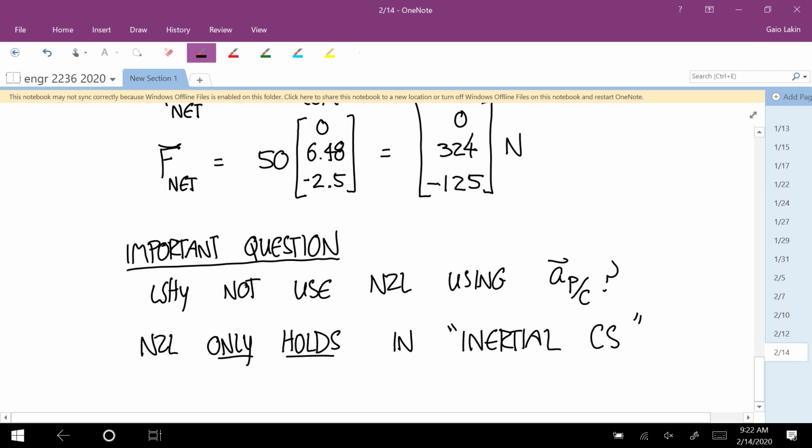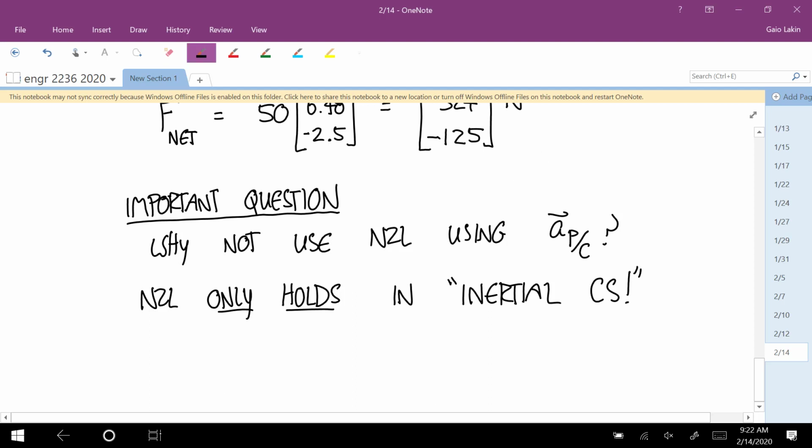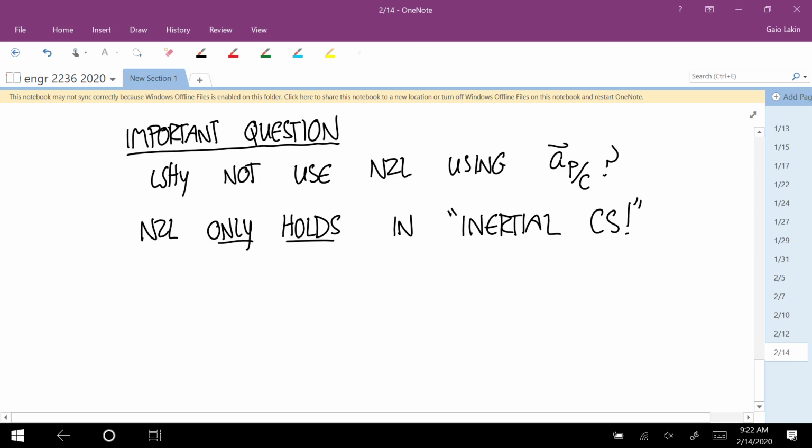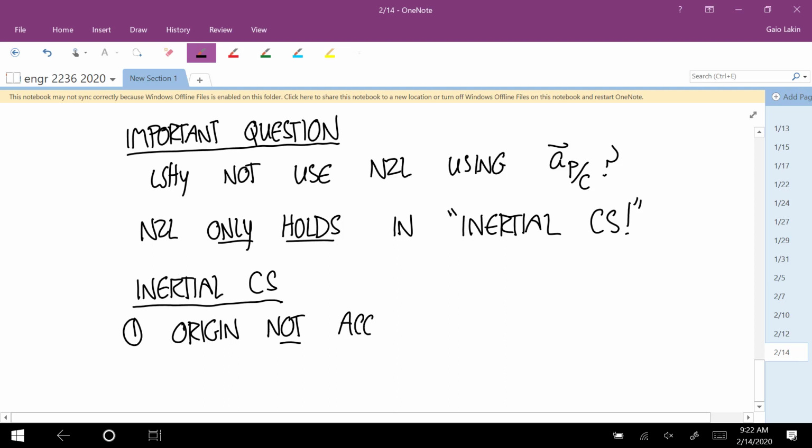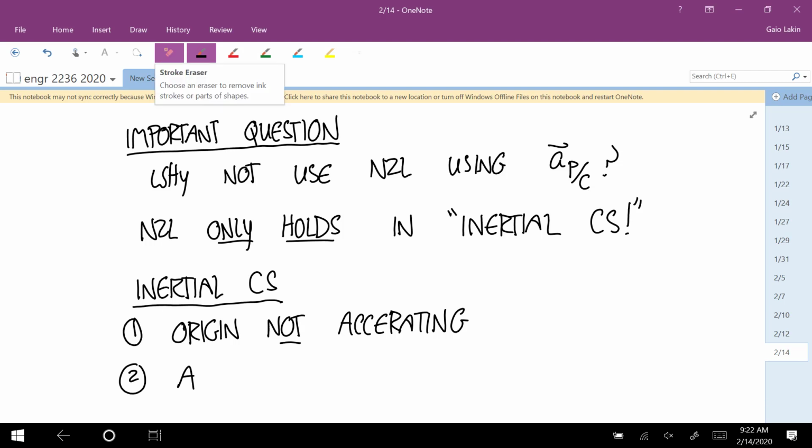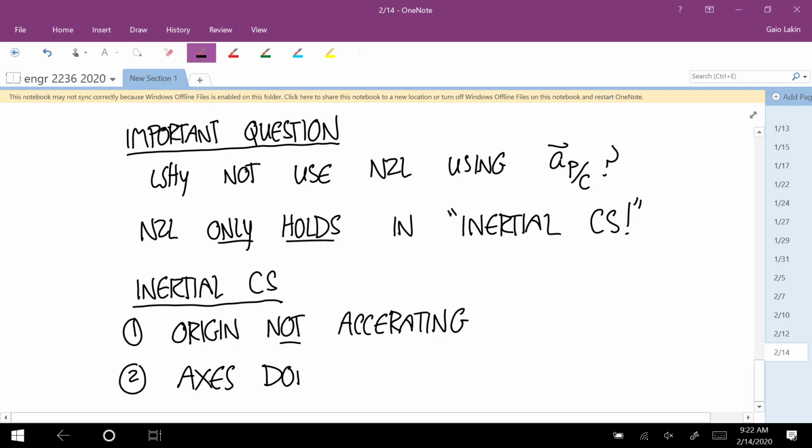So an inertial coordinate system is one where, first, the origin is not accelerating, and second, the axes don't change orientation over time.